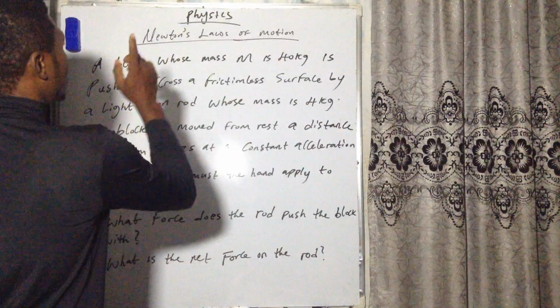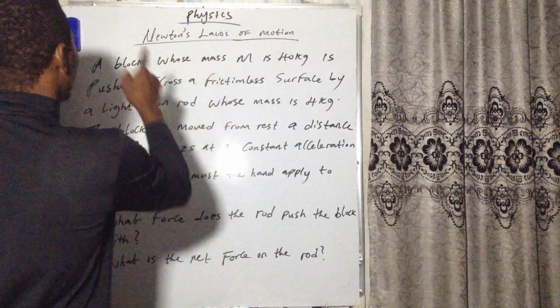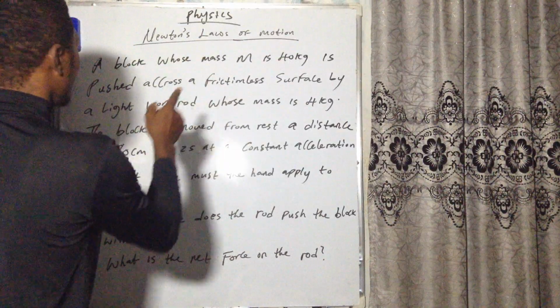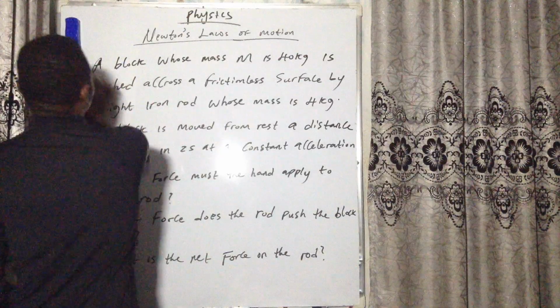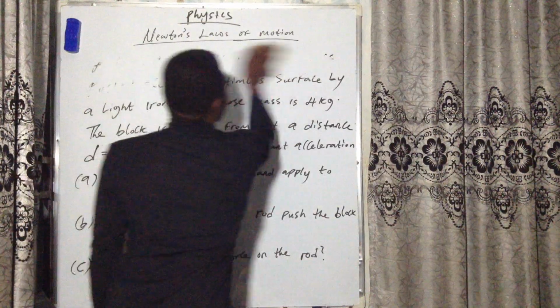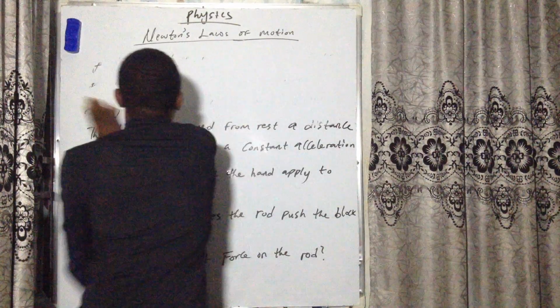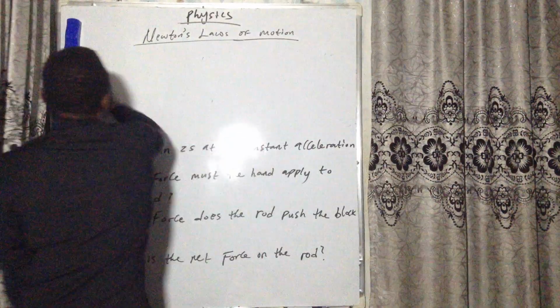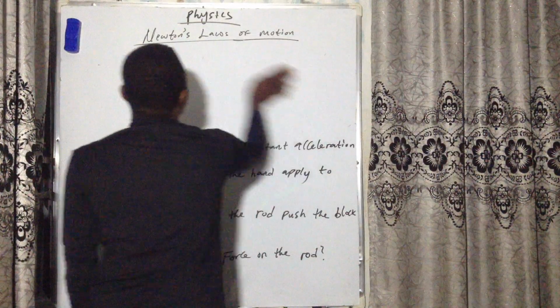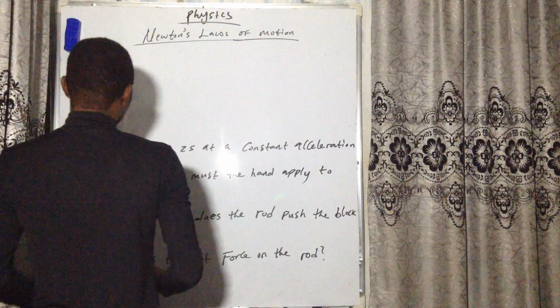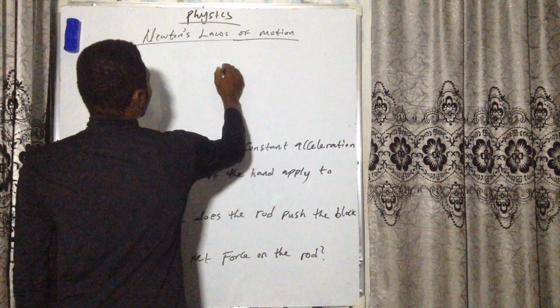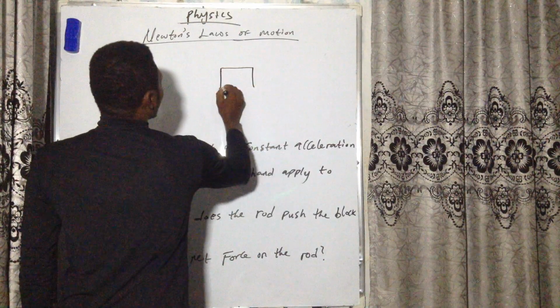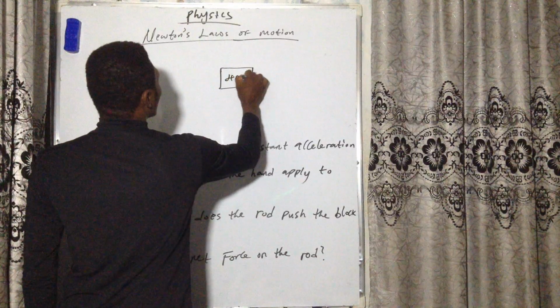So the mass of the block is 40 kg and the mass of the rod is 4 kg. Now let us have a free body diagram. This is the block, which is 40 kilogram.